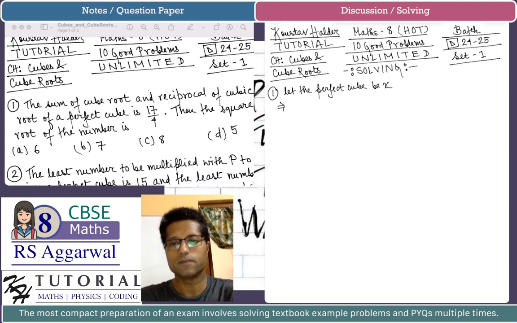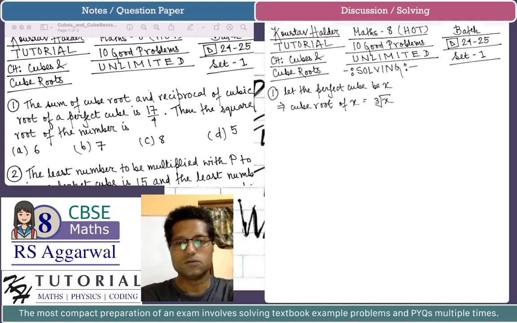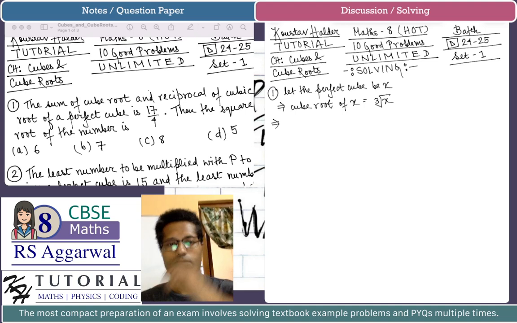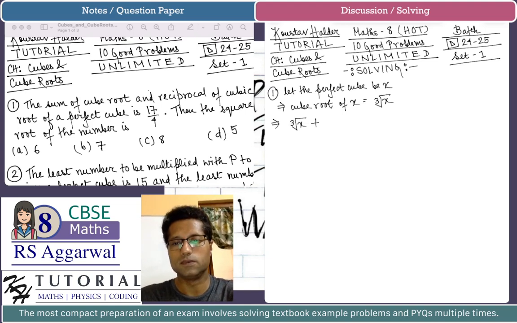So cube root of x is equal to, so now it is given that the sum of cube root, that is cube root of x, plus the reciprocal of cube root of a perfect cube, that is 1 by cube root of x.